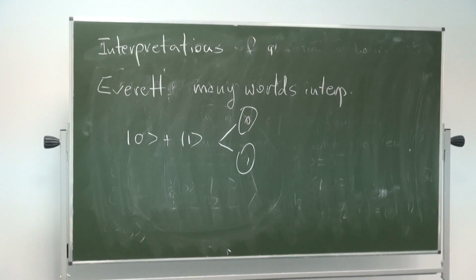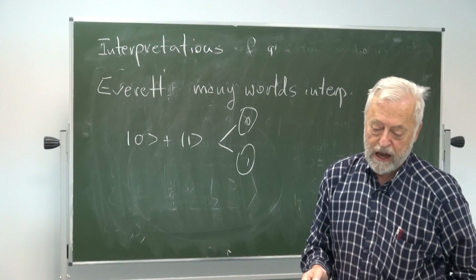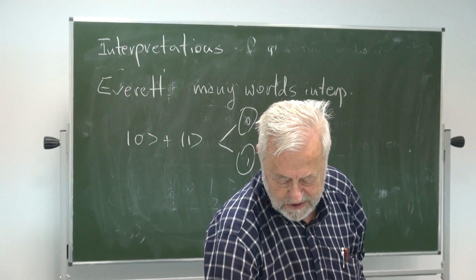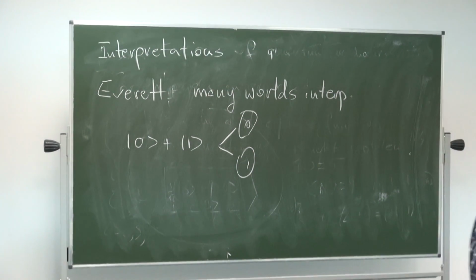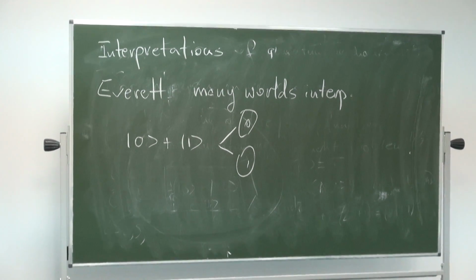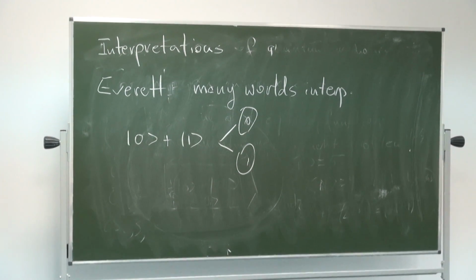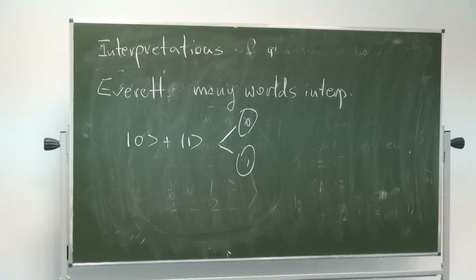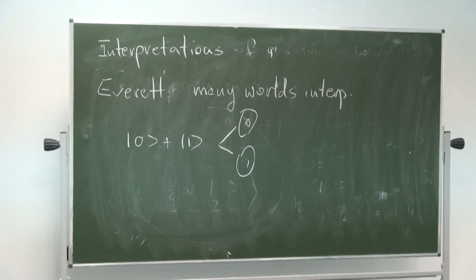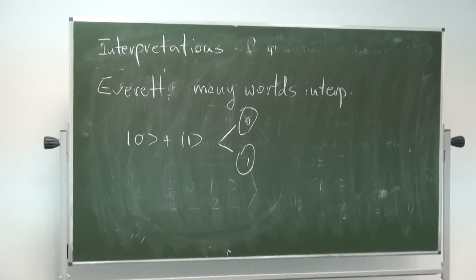Everett himself was a graduate student of John Archibald Wheeler, a very famous physicist. And this interpretation, even though it was a bit unclear, was somehow developed in his doctoral thesis and did not catch much attention of the physics community.